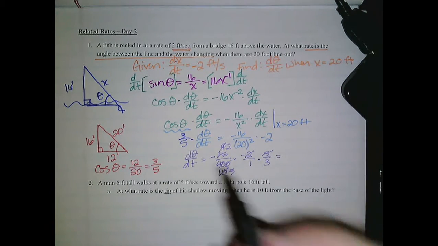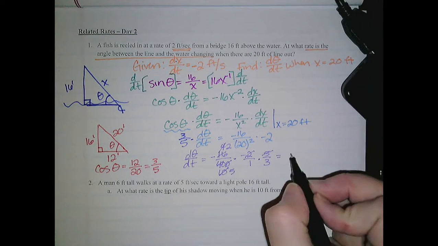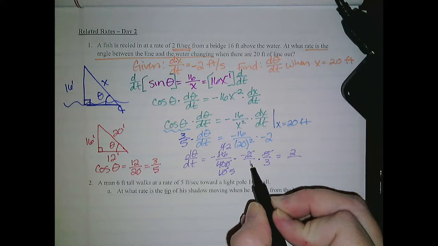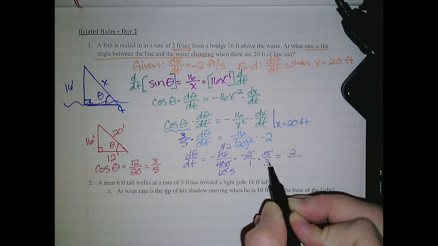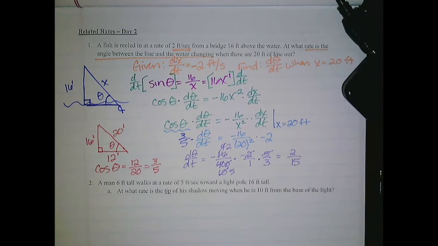So on top I've got a negative 2 times a negative 1 would give me a positive 2. And on bottom I've got 5 times 1 times 3. 5 times 3 is going to give me 15. So I have that d theta dt is 2 over 15.